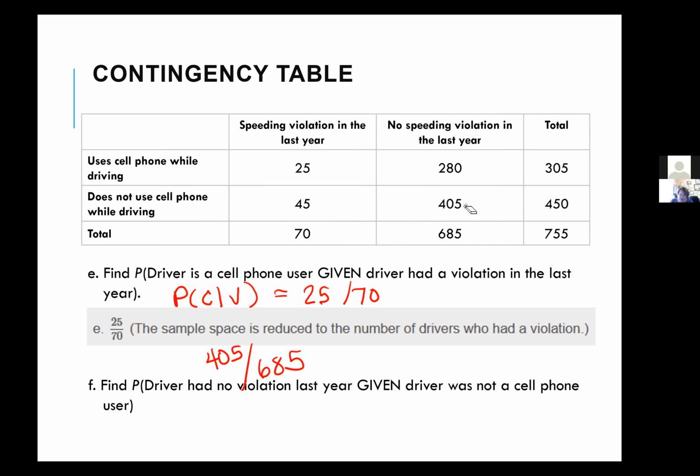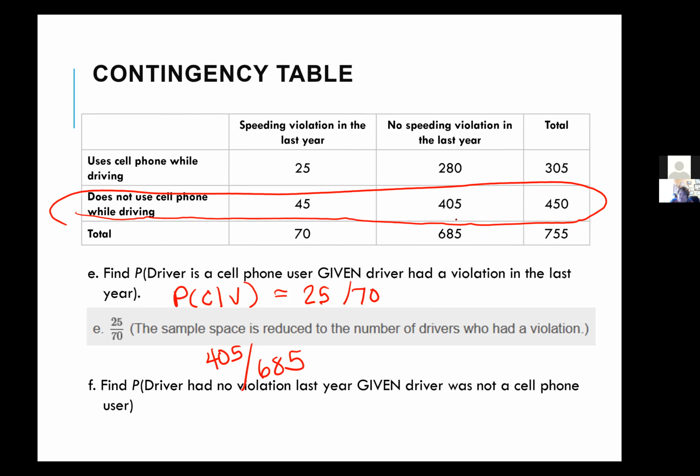No violation in the last year and was not using a cell phone. Not using a cell phone and no violation. So that's 405 out of 450. I hope you were yelling at me silently.